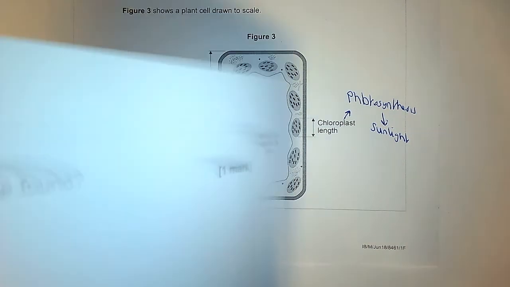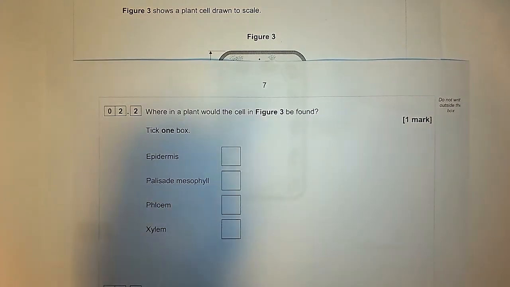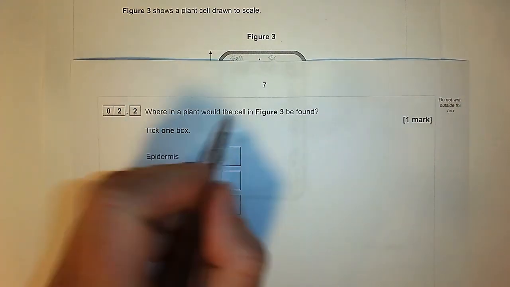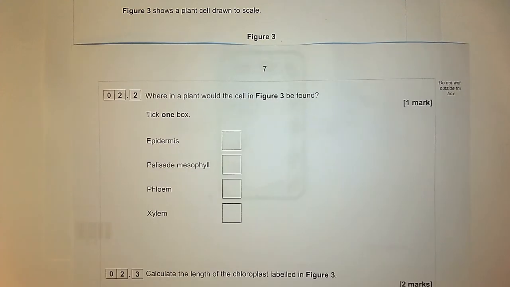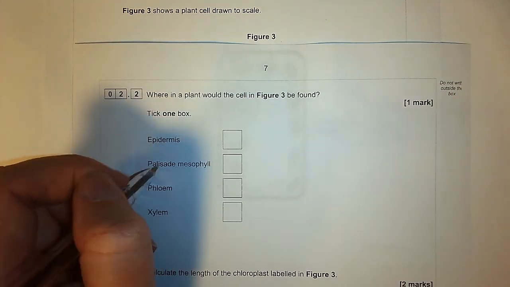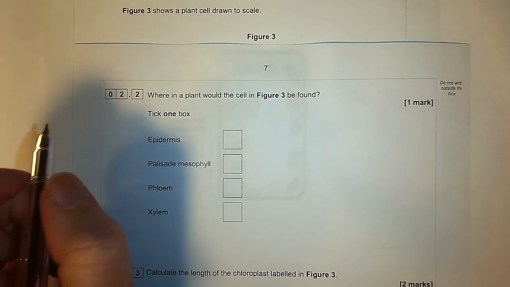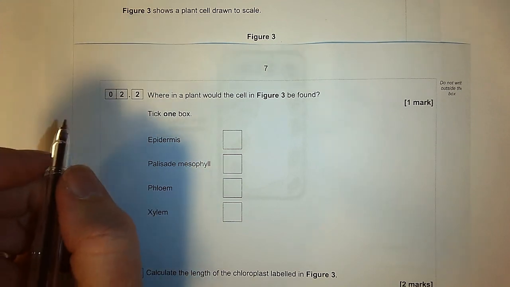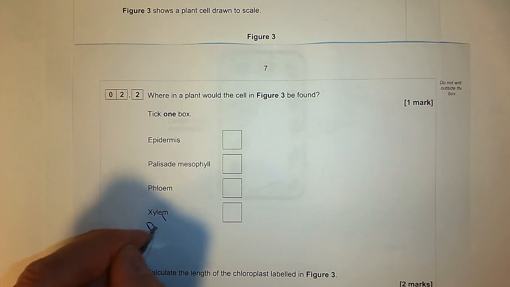Right, the choices we've got are where this plant cell can be found. This is where in a plant would the cell in figure 3 be found, and we've got a choice of epidermis, palisade mesophyll, phloem, xylem. If we go through these, xylem are dead cells.